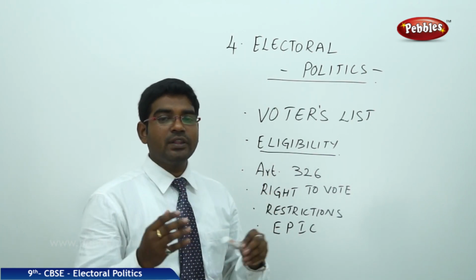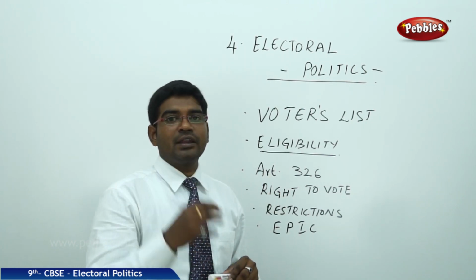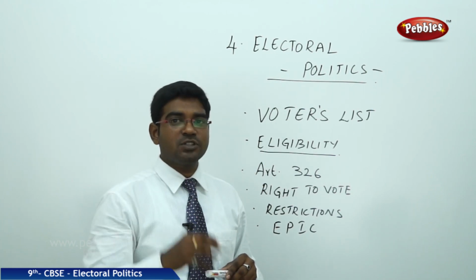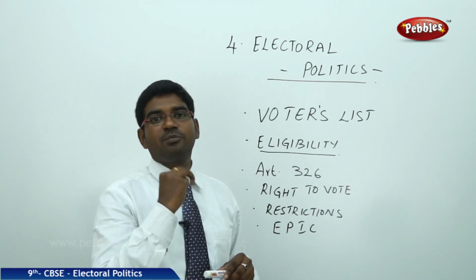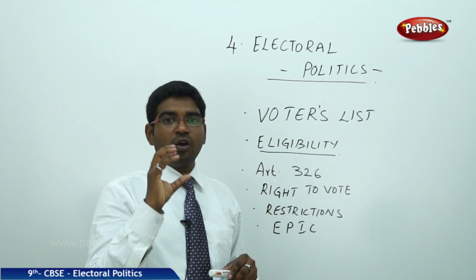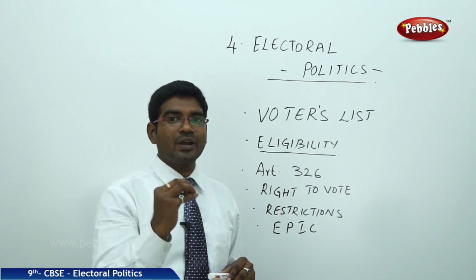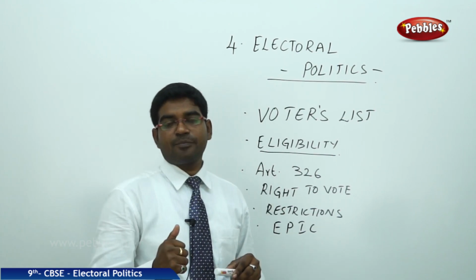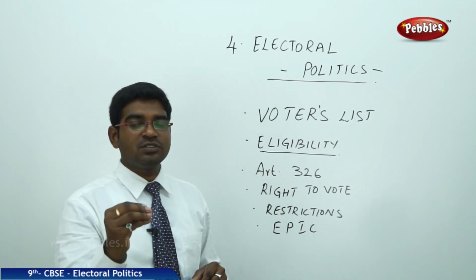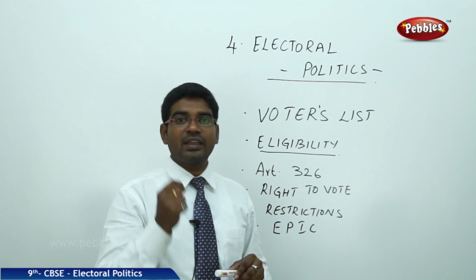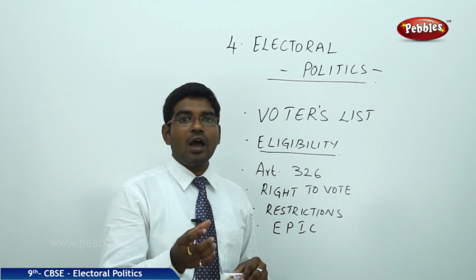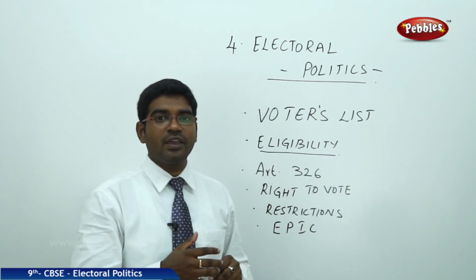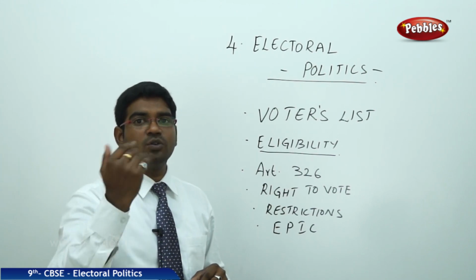So, the union government sets up an election commission, which is an independent body set up with the prime motto to conduct elections to the Lok Sabha and the state assemblies. The election commission maintains the list of the people who are 18 and above years of age and who have the eligibility to vote.